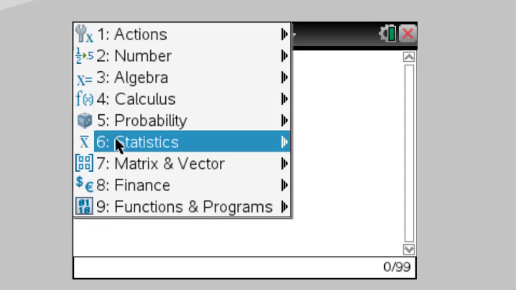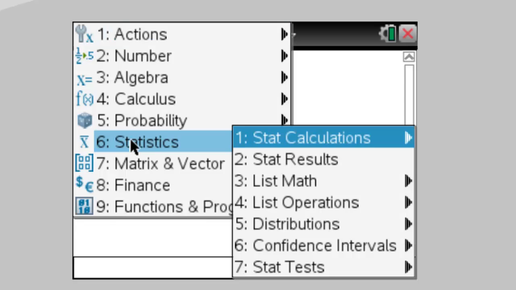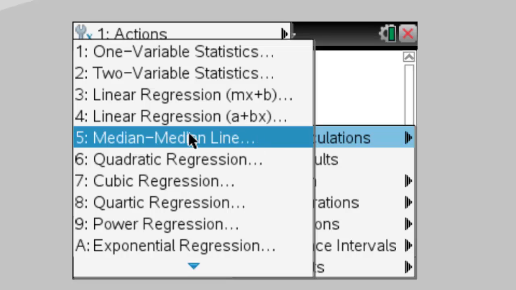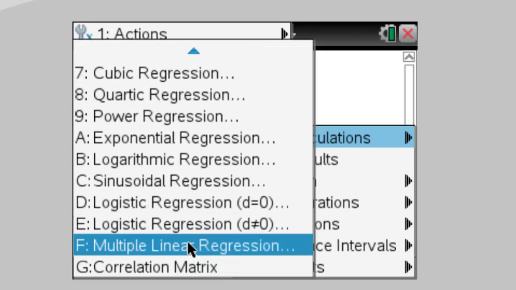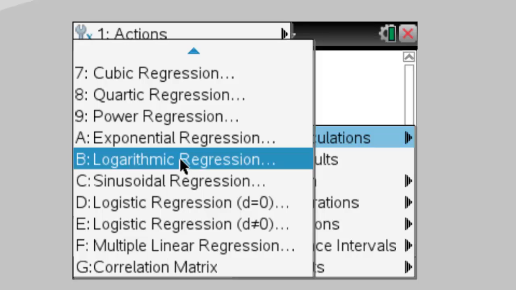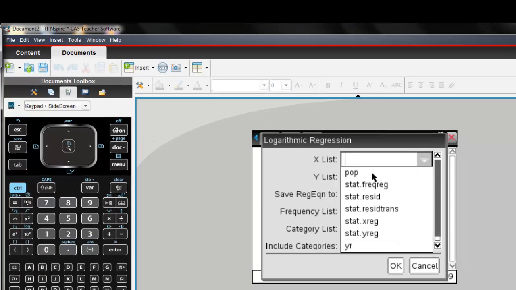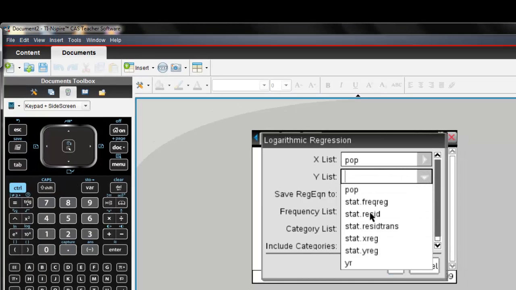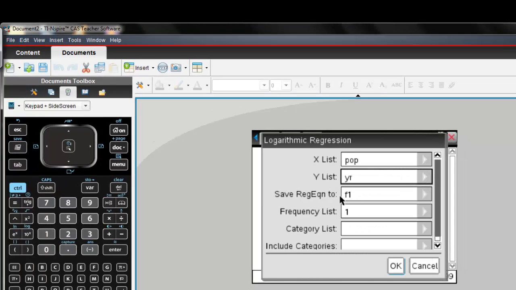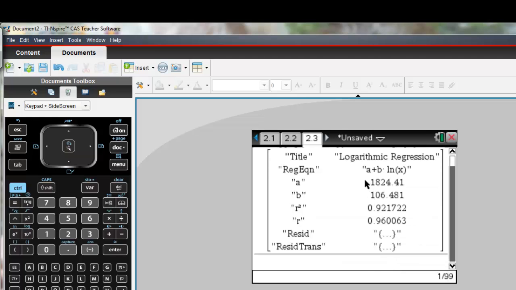Remember, it's menu, statistics, stat calculations, and we want logarithmic, not logistics, but logarithmic regression, which is letter B. And my X list is population, my Y list is year, and it's going to be saved in F1 because remember I added a new problem to this document. And there's my equation. 1,824 is my A plus 106.5 roughly is my B times ln of x.